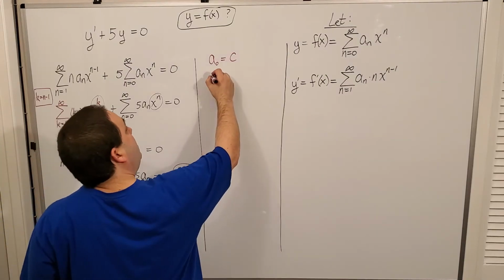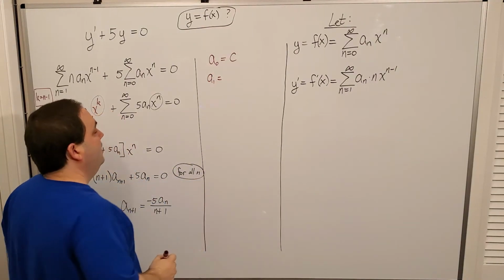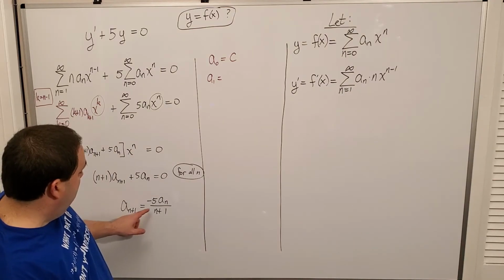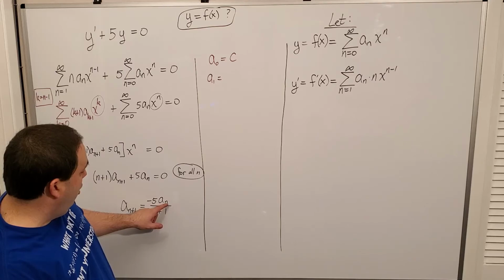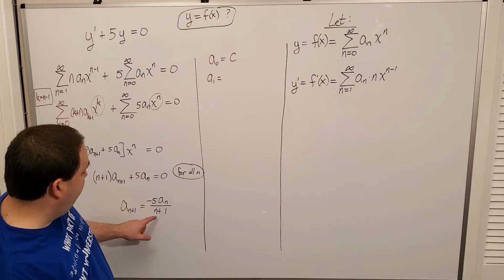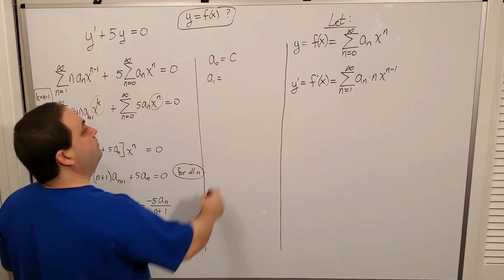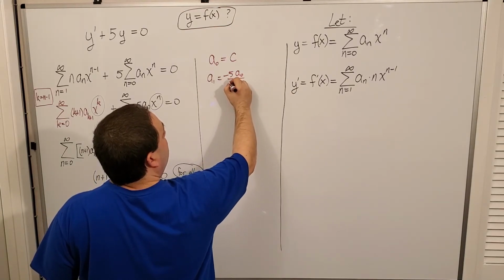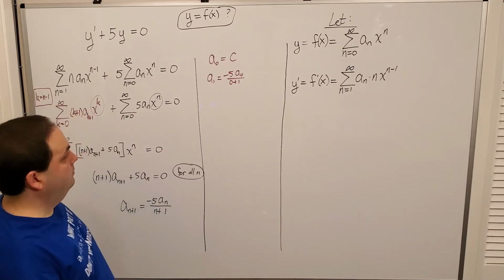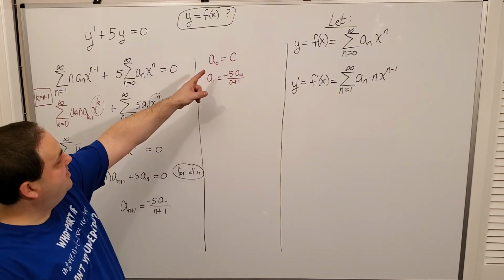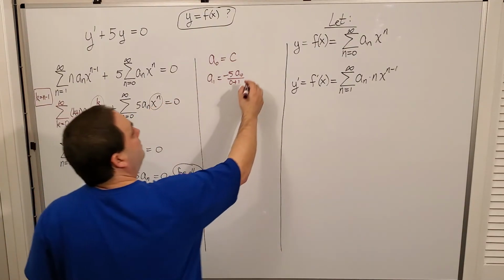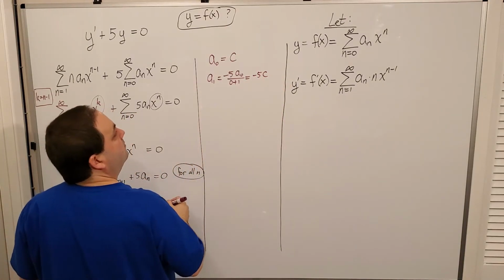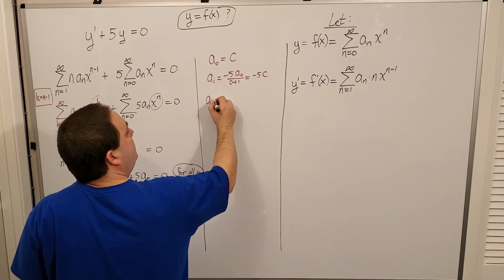So then what is A1 going to be? A1 is 0 plus 1. So if I do A0 times negative 5 over 0 plus 1, that would be negative 5 A0 over 0 plus 1. Well, A0 is just C, so I just get negative 5C. What would A2 be?